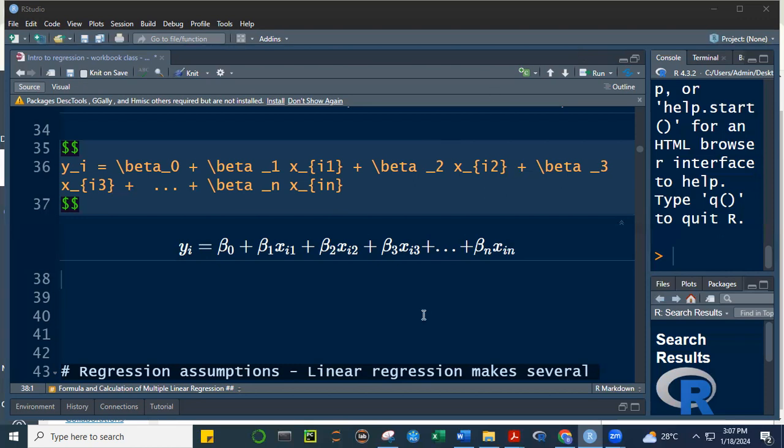It's valid. However, the question is, will it always be valid? Will there be instances when this equality, this equation, will not be valid, class?